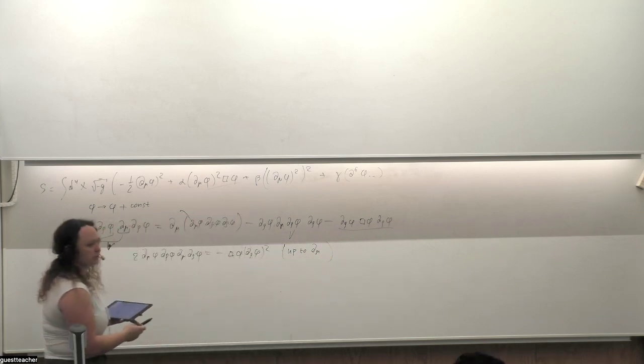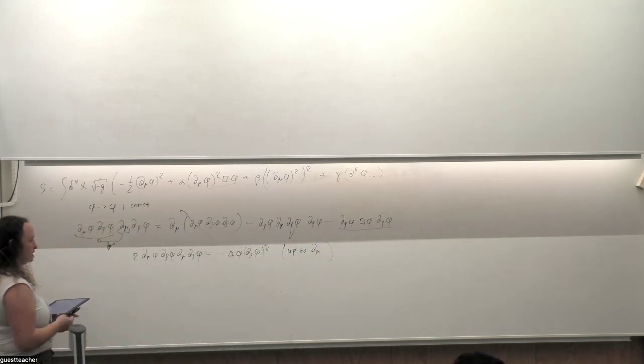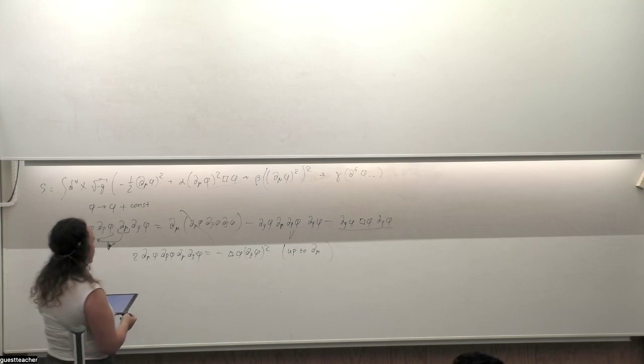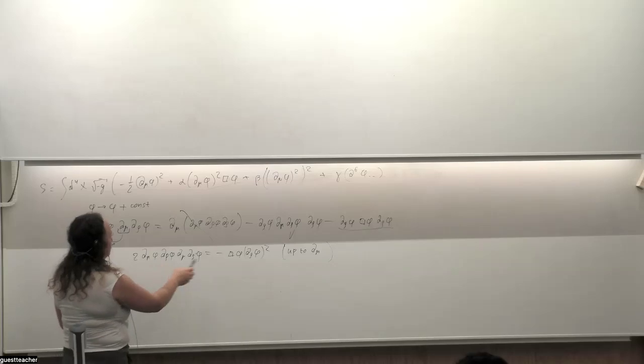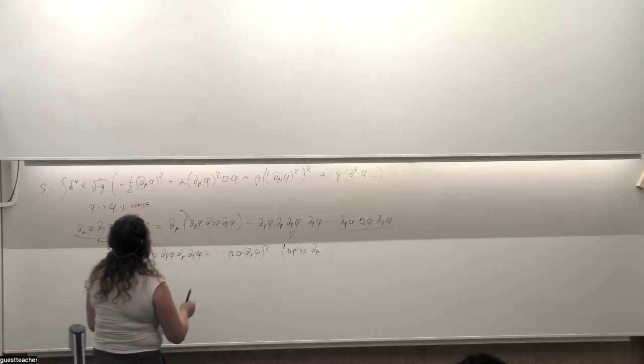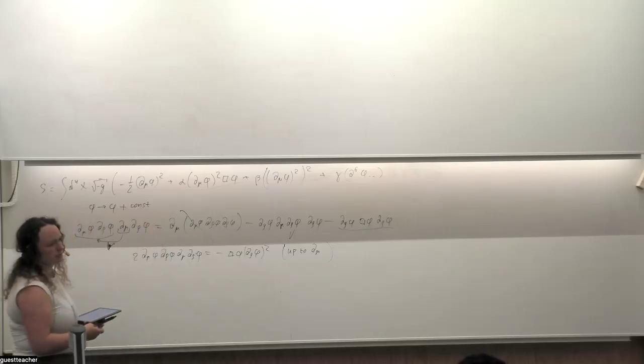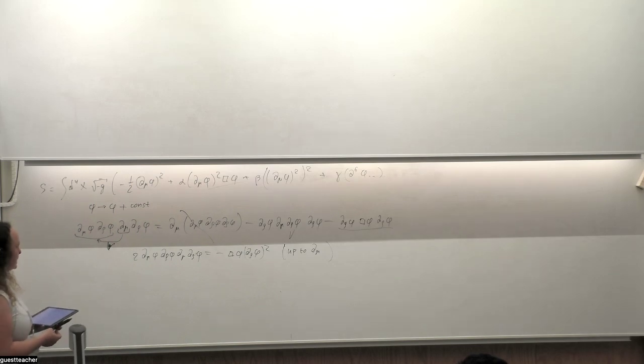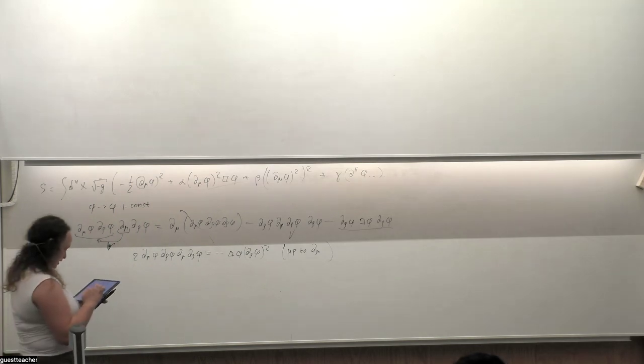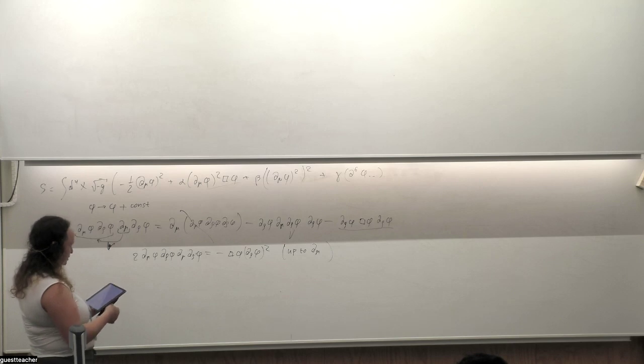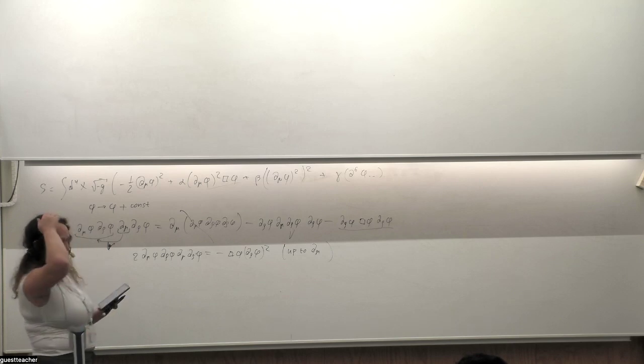So I can make it only under the sign of integral, but that's enough for me. I can simply substitute this term by that term and not write this in the effective action because it's redundant. So that's one possibility for how to reduce the structure of the effective action.